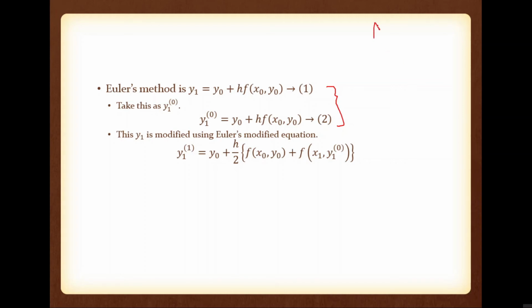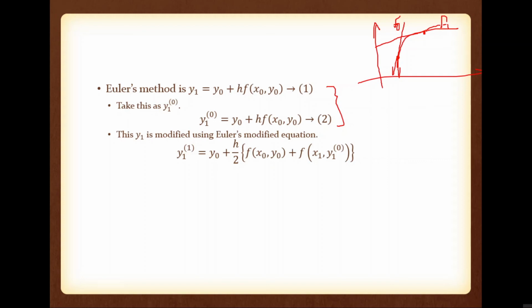Please remember this figure. This is a function. This is one slope, that is f0, meaning this term. Then this is x1. So this one is a slope, that is f1, and we are going to take the average of these two.